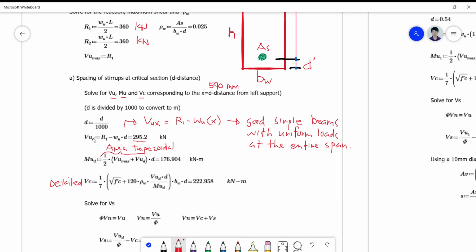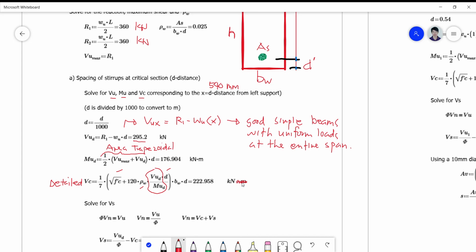Substituting the values of 295.2 and 176.904 in this formula, and realizing that F prime C, rho W, and D are given values in the problem, we obtain a value of 222.958 kilonewton for your VC. So the unit here is only in kilonewton.